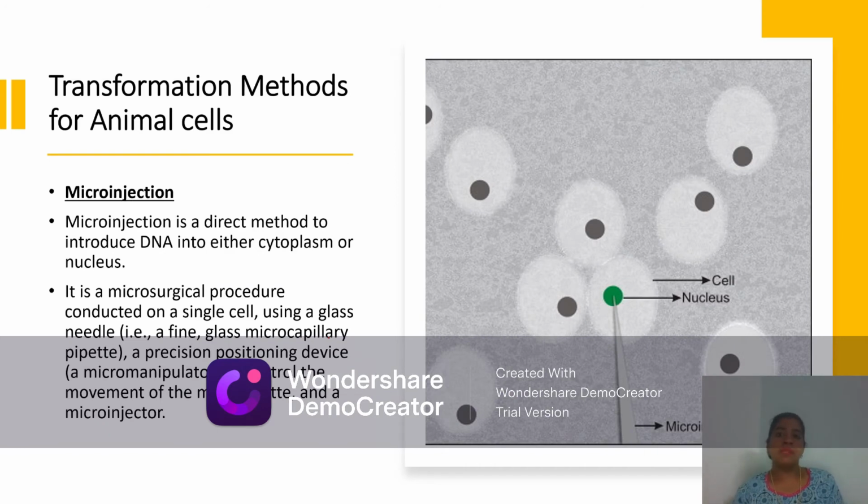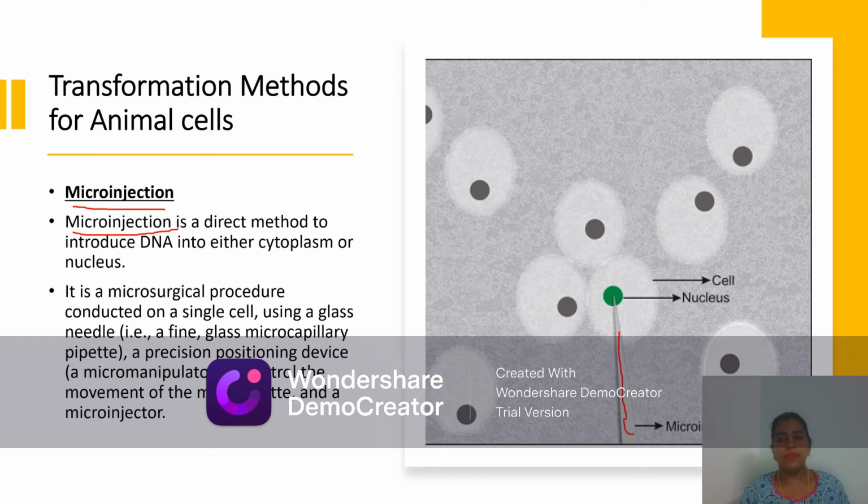Of course, for animal cells, what type of transformation method can you use? For animal cells, it is microinjection. Micro means very small. From the name itself, microinjection is directly introducing DNA into the cytoplasm. We can see here the microinjection needles.